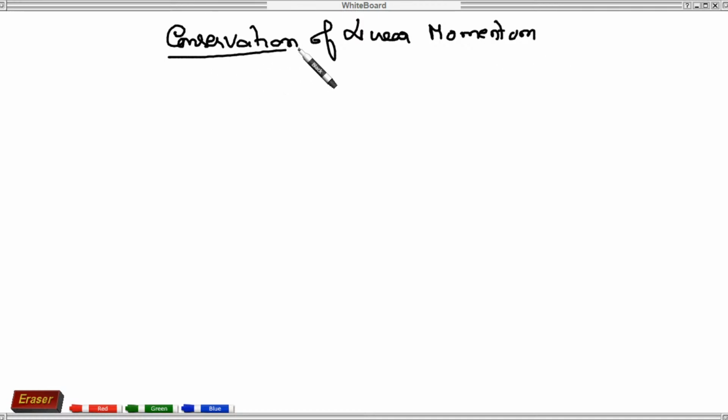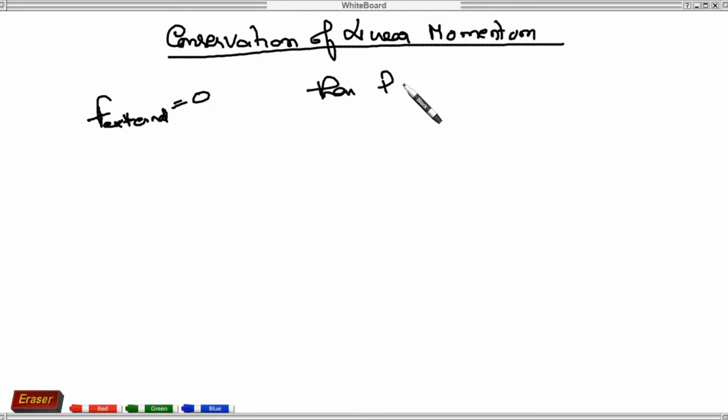So I told you on that very day that when the sum of F external is equal to 0, then P, what is P? That is linear momentum, that is constant.